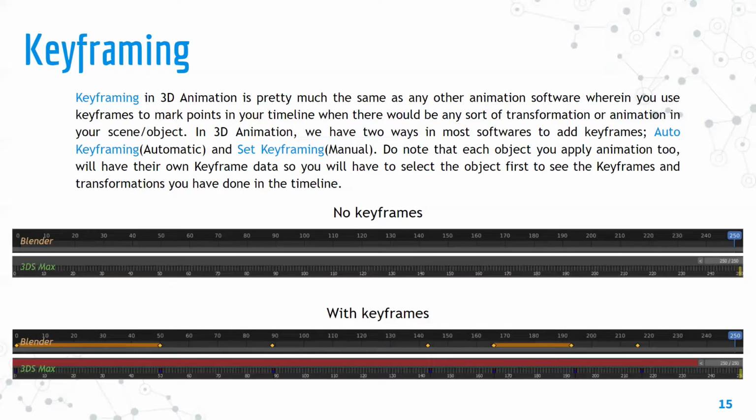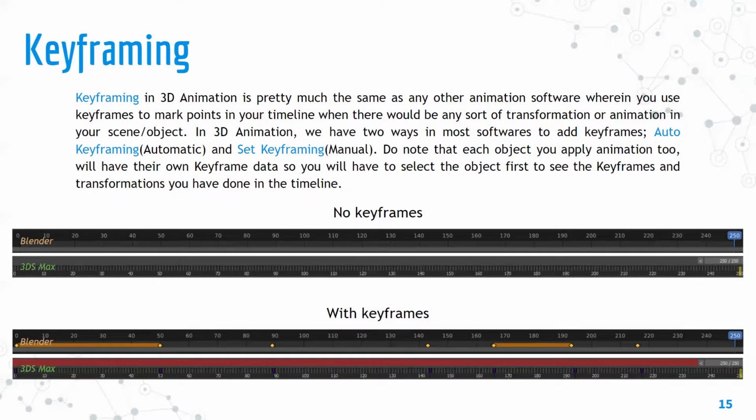The difference between the two: number one, auto key, as the name suggests, automatically places a keyframe at the frame you're on if there is any manipulation of the specific object you have selected. So any movements, scales, rotations, or any data changes from your modifiers, textures, lights, while auto key is on, it will immediately place a keyframe. So that is auto key.